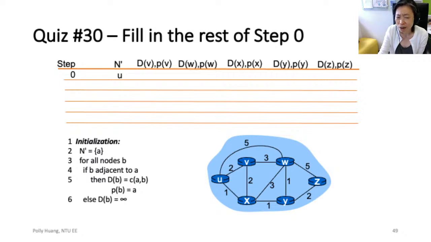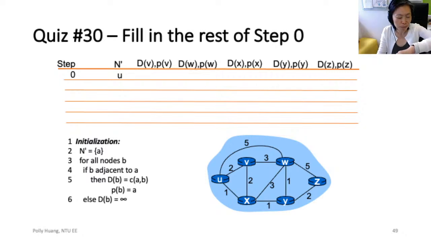Now recall, what does the second step do? Just go over all the other nodes and see if they are adjacent to the source u. Then D to those nodes will be the link cost from the source u to the node. Otherwise, the distance to the node is infinite.